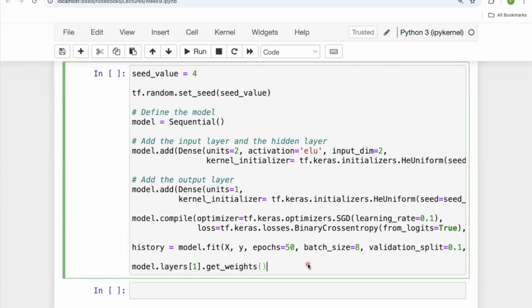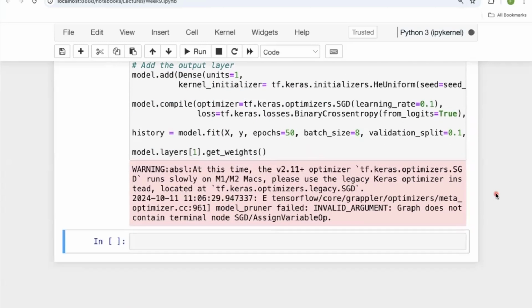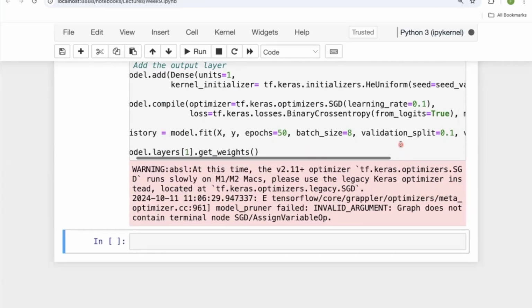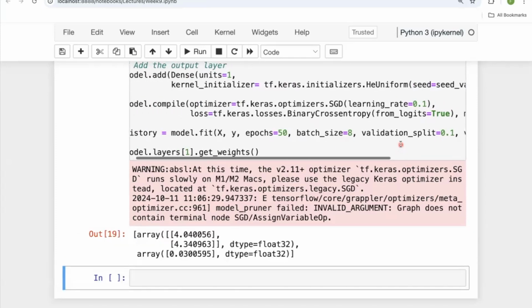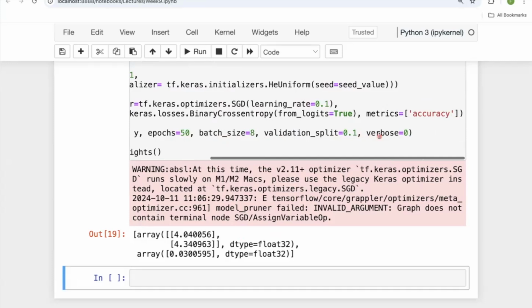So let's see what we get in the second layer when we train, and look at the weights that we get. We can train this maybe 1 or 2 times and see what happens. If you're wondering why we don't get all the information we got before, when we do model.fit, there's this verbose option. If you set that equal to 0, you don't get a printout of all the loss and accuracy values per epoch.